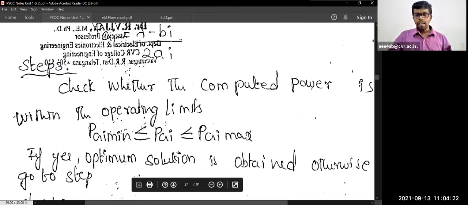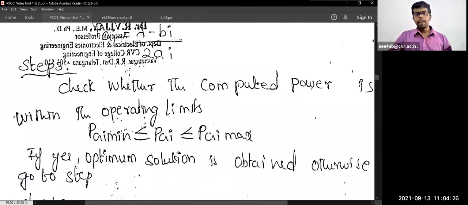Say for example you find PG1 as 1000 megawatt and PG2 as 1500 megawatt. Whatever values come, they should be within the minimum and maximum operating limits of that particular unit.